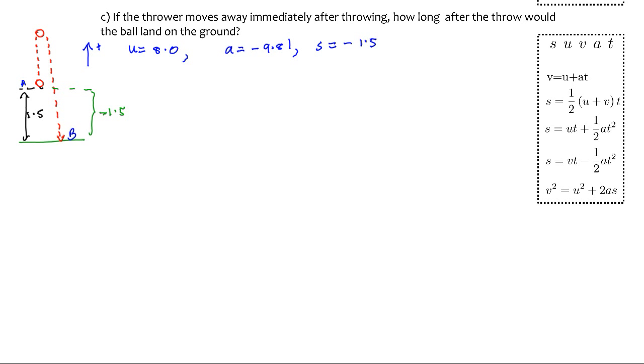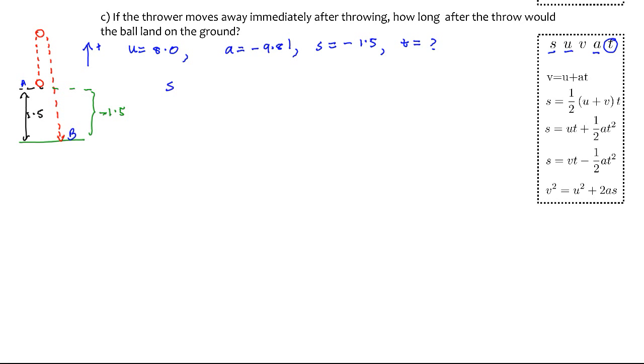And I'm interested in how long. So I know u, I know a, I know s. t is something I don't know. So now what you do, you search for an equation where you have these four quantities. In other words, this is the equation without a v, and once again it's the same equation we used earlier.